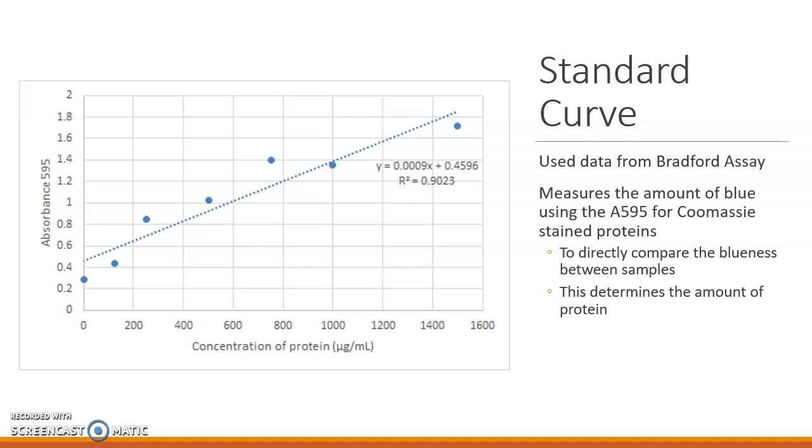We used the results from the Bradford Blue assay to make a standard curve plot. This figure illustrates our standard curve and trend line, and from these data points we determined that there were inconsistencies.